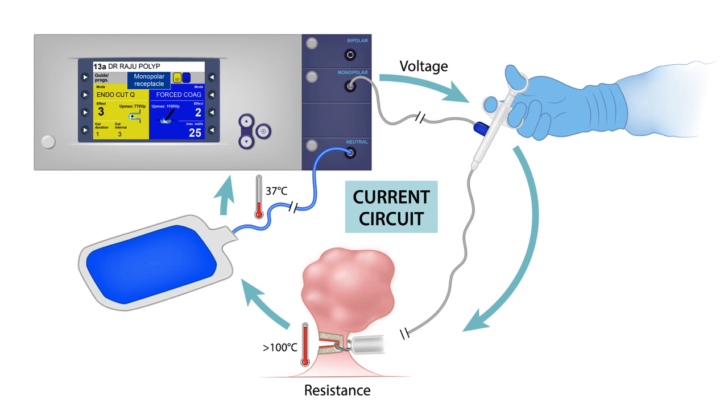The circuit offers interference with the flow, in other words, resistance. Understanding the relationship between the voltage, the resistance, and the current flow is critical in electrosurgery.